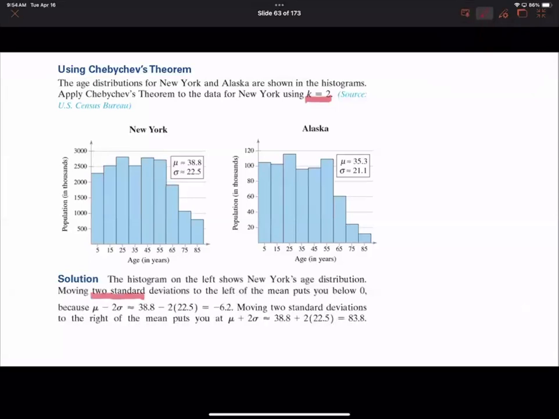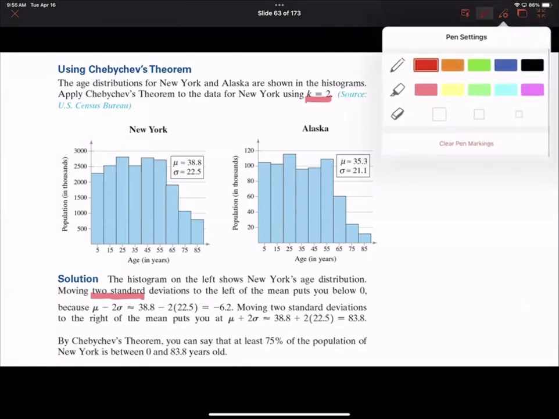Mu minus 2 standard deviations is approximately 38.8 minus 2 times 22.5, which is negative 6.2. Moving 2 standard deviations to the right of the mean, we get mu plus 2 sigma, which is 38.8 plus 2 times 22.5, which is 83.8.